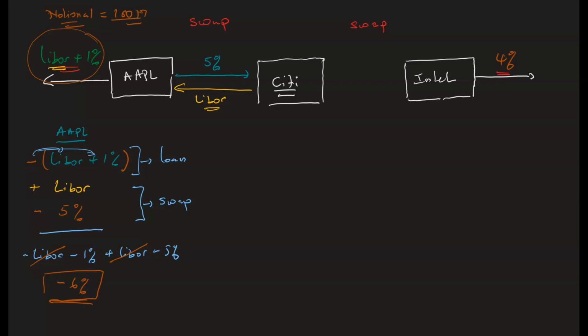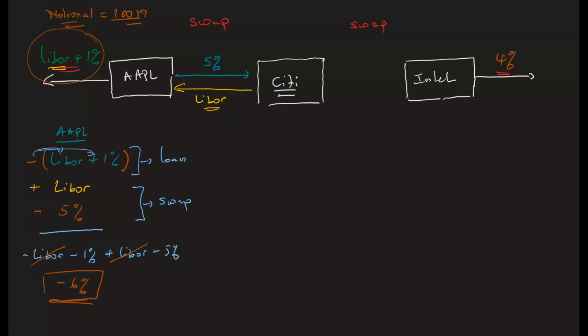Citi would not get into this agreement if it was not in some form beneficial to the middleman. And so there is a fee, or a premium, that has to be paid to Citi for this agreement. And where does that come from? Well, it comes from the agreement that Citi enters into with Intel.